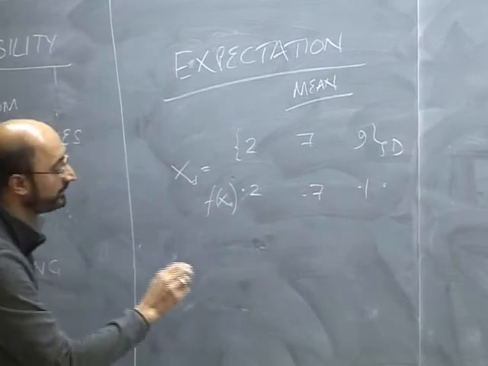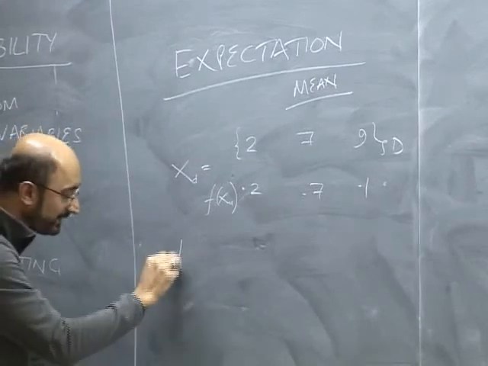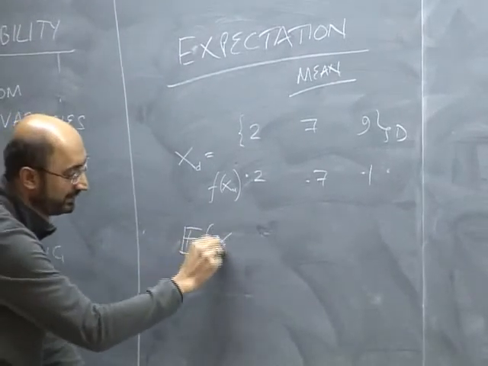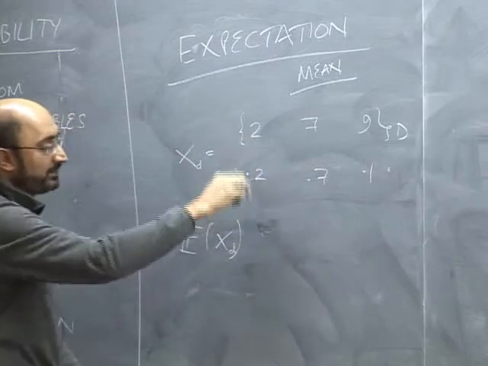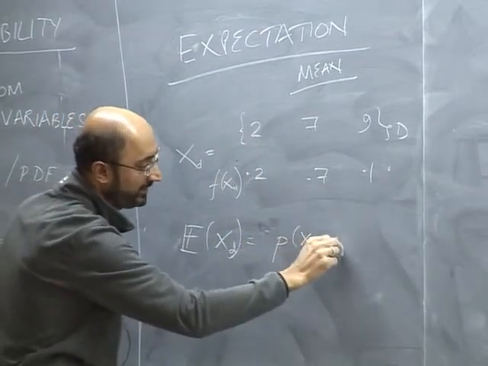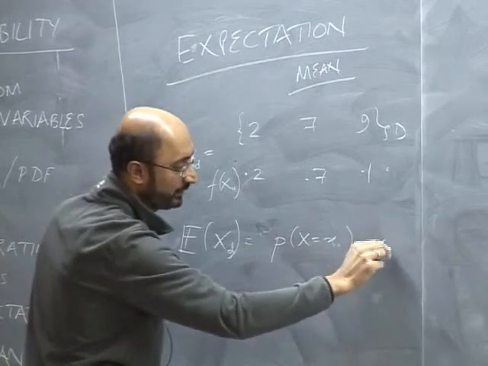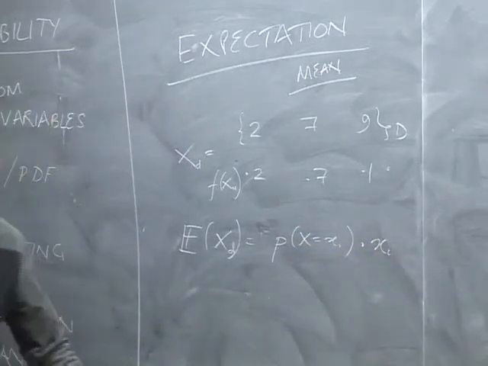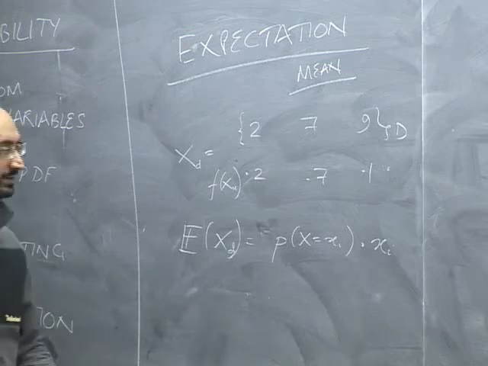Okay, so what we define as the expected value of X is going to be just the product. Basically, it's going to be the probability of X equals xi times the value xi itself, recalling that xi is a real, so we can actually do this multiplication.